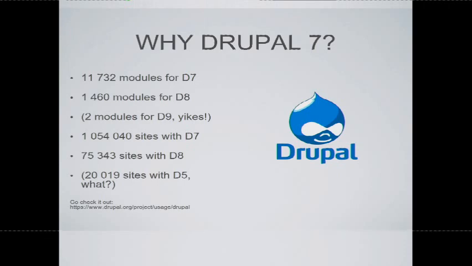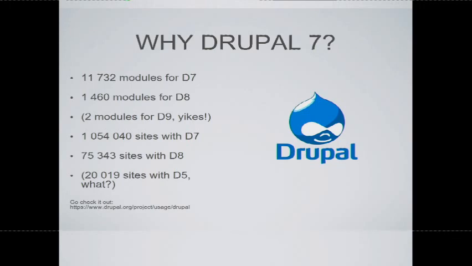And now, at this time, over 1 million sites are developed with Drupal 7, whereas 75,000 are developed with D8. And of course, it's a nice amount since D8 hasn't been out for that long. So, kudos to you, Mr. D8. And I noticed that there are over 20,000 sites still developed with Drupal 5, which is great.